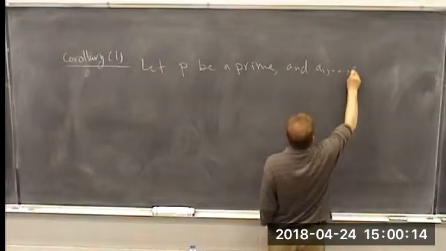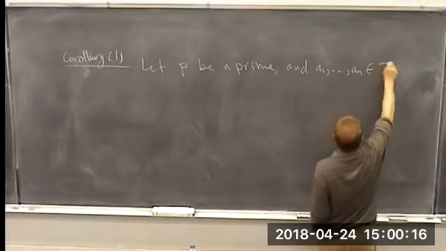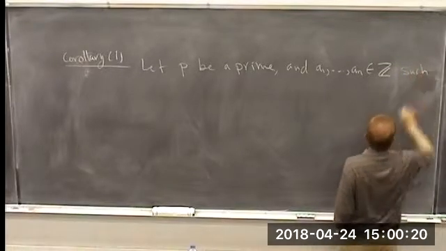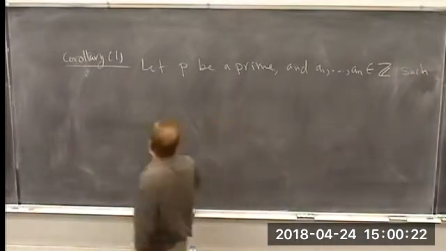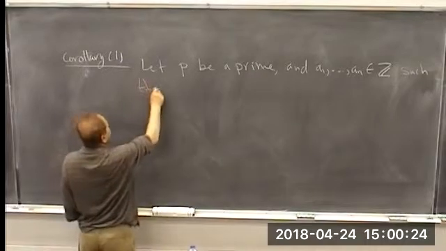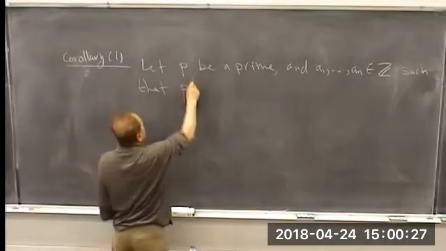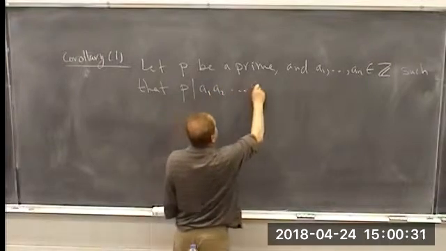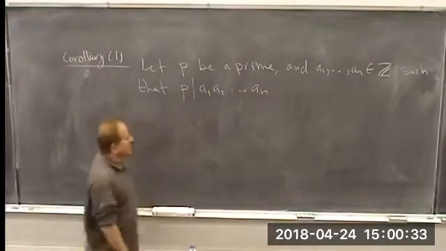A1 up to AN are integers such that P divides A1, A2 up to AN, the product of these.